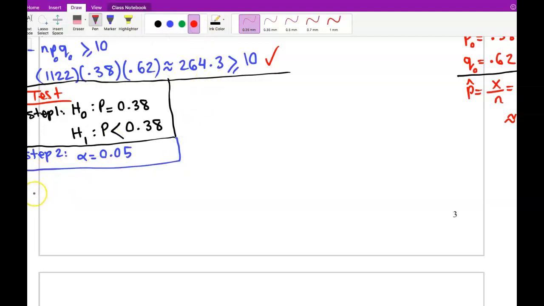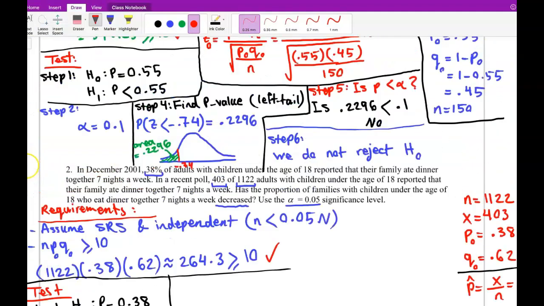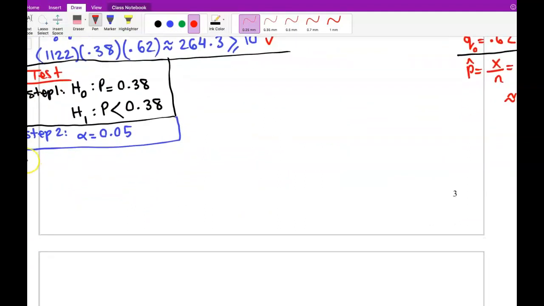Then step 3, finding z, or the test statistic. So z is equal to p hat minus p0.